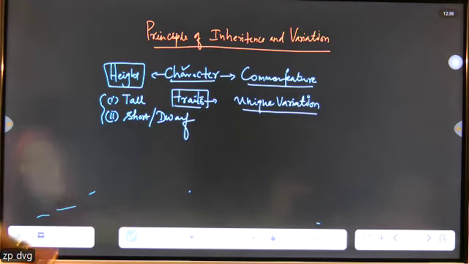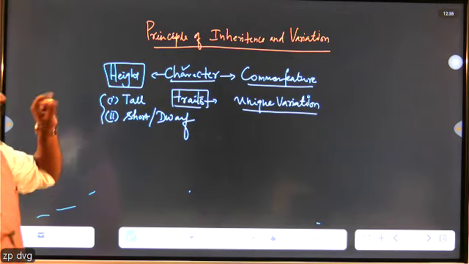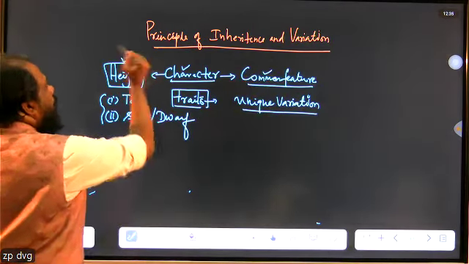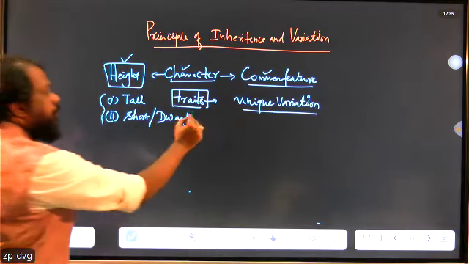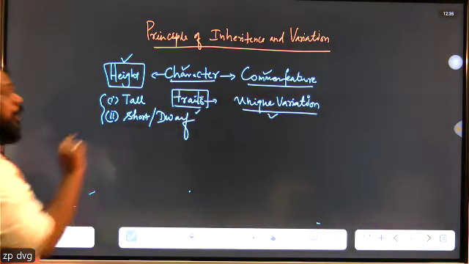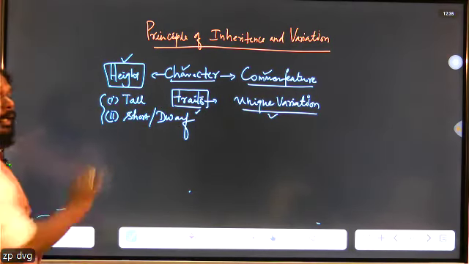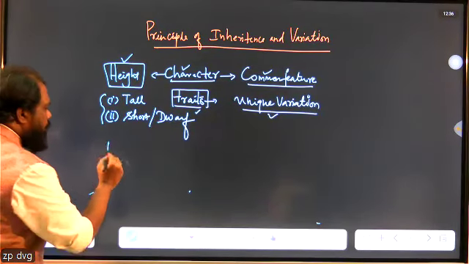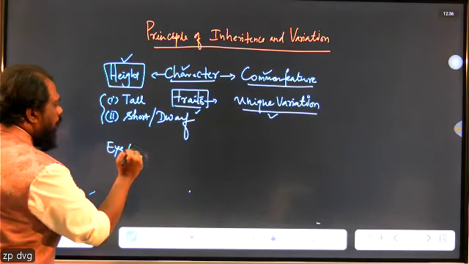Understood the difference? So what is a character? A character is a common feature which talks about the common character. But what is a trait? A trait is a unique variation. That means it specifically talks about whether a particular plant is tall or short. For example, I am using the word eye color.